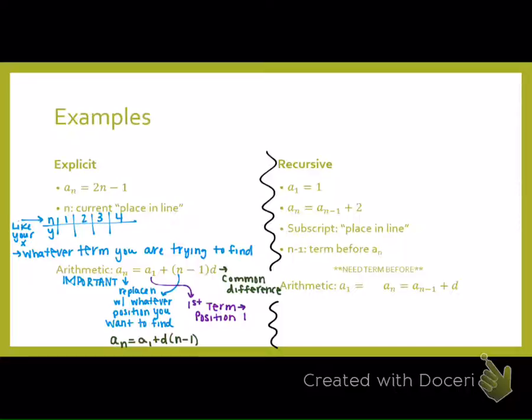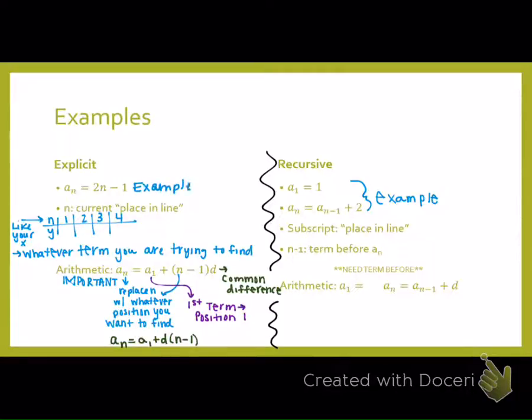So, a sub 1 is your first term. A sub n is your place in line. So this is just an example here. So we'll look at what it means. So this one is just an example too, just so you're aware.